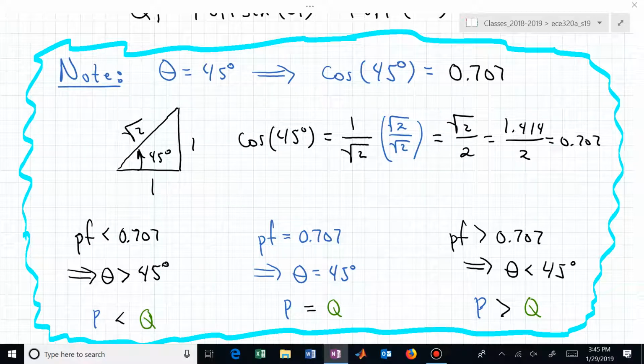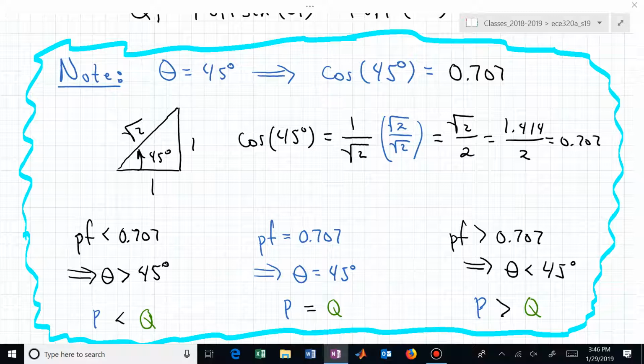Going back to our trig, students ask me all the time, well, I'm interested in electrical and computer engineering, what should I do in high school? Really learn your algebra and trig, because you're going to use it a lot. Anyway, square root of 2 over 2, 0.707.